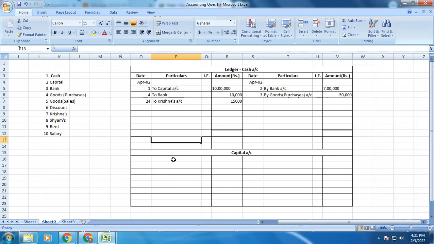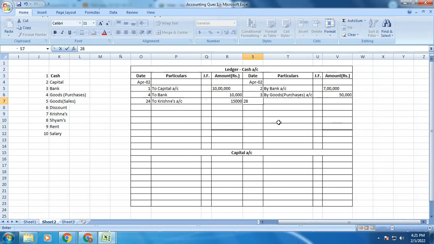Sham's account debited to cash 21,500 and to discount 1,000 rupees. So in this case, Sham's account is the only debit account and there are two credit accounts. Because here we are only concerned with cash, in this transaction cash is being credited.